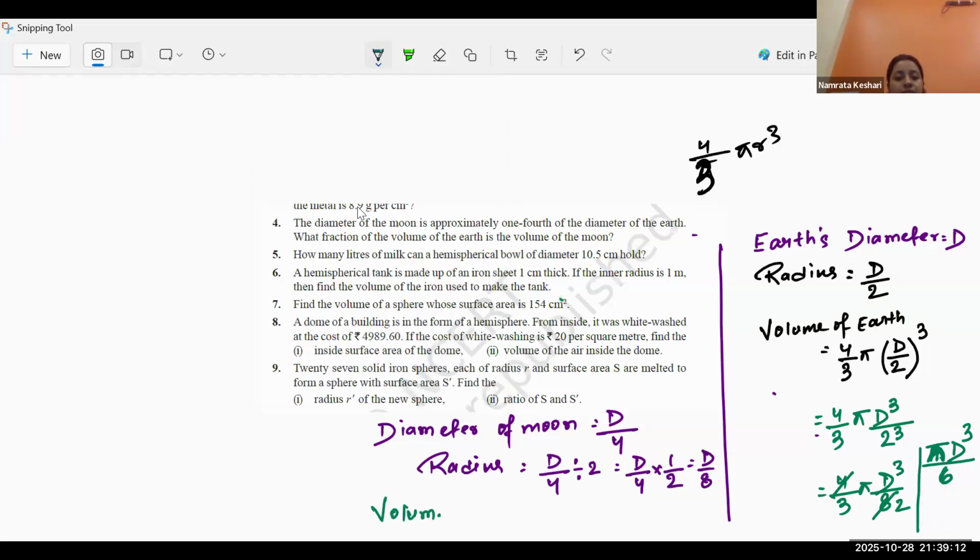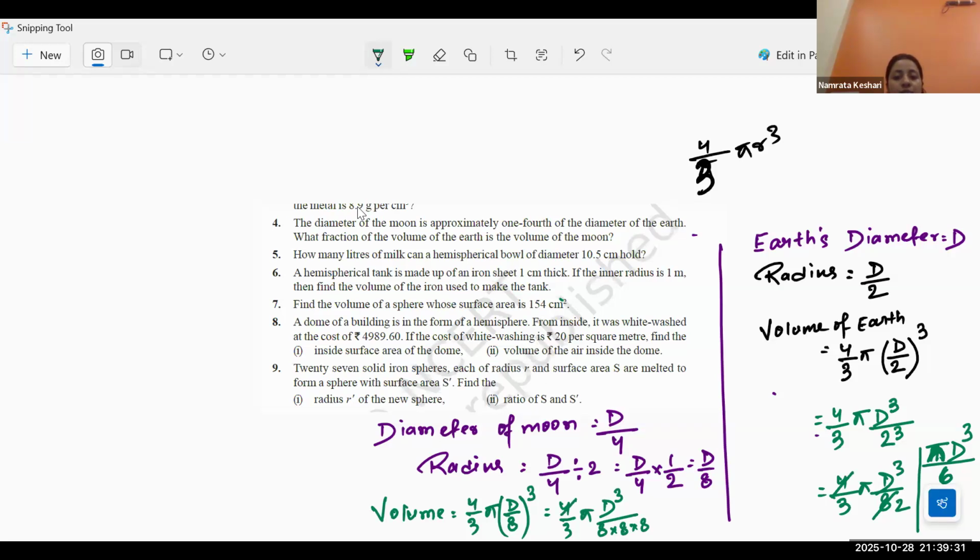4 by 3 pi, R is this one, d by 8 cube. We'll have 4 by 3 pi d cube by 8 cube, that is 8 into 8 into 8.